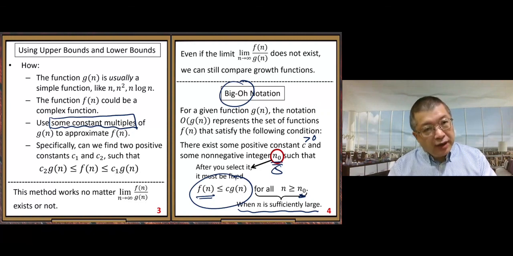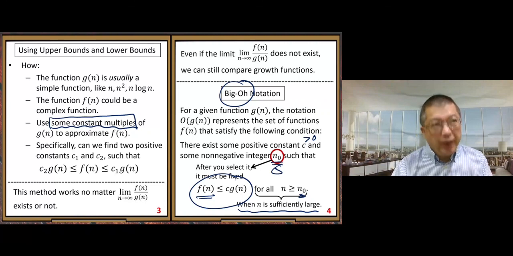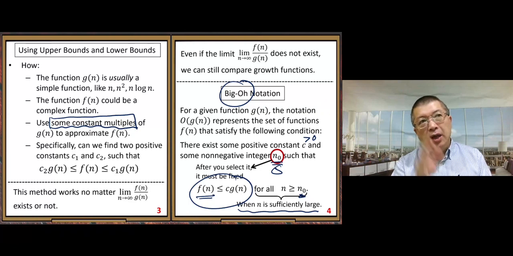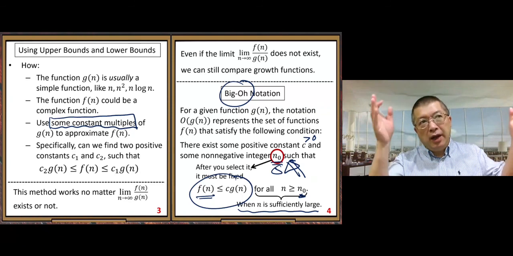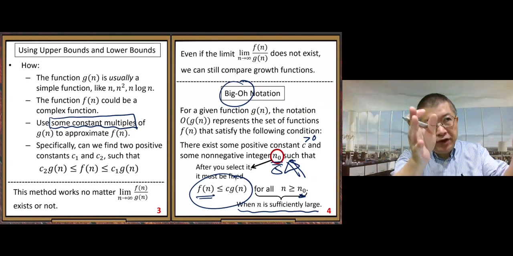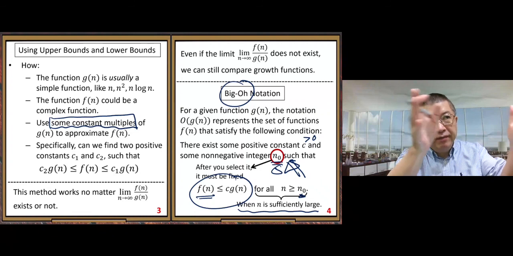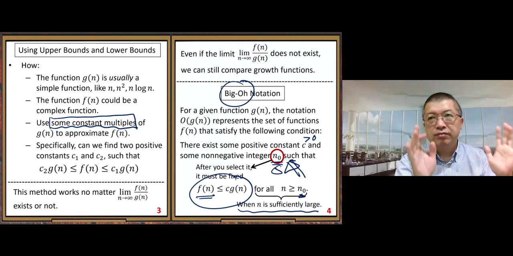In the next video, because this is already the last video of part B, in the first video of part C, I want to use graphs to explain the role of this reference point n0. All right, so let us finish our part B video sequence right here.